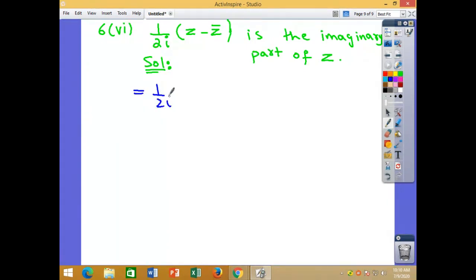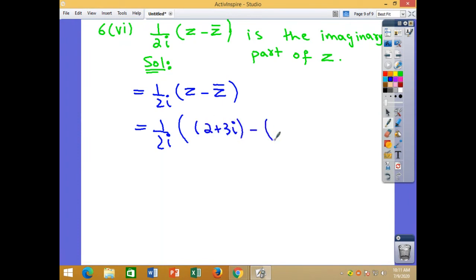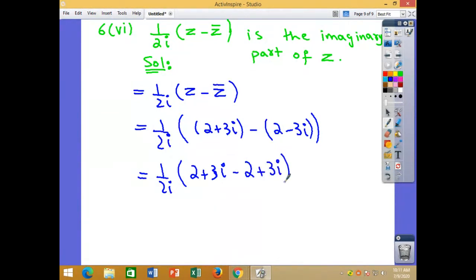We write here 1 by 2 iota (z minus z conjugate). What is the value of z? The value of z is 2 plus 3 iota. Negative, what is the value of z conjugate? The value of z conjugate is 2 minus 3 iota. Now when we multiply the negative with the bracket, we get negative 2 plus 3 iota. Here we see that positive 2 is cancelled with negative 2.